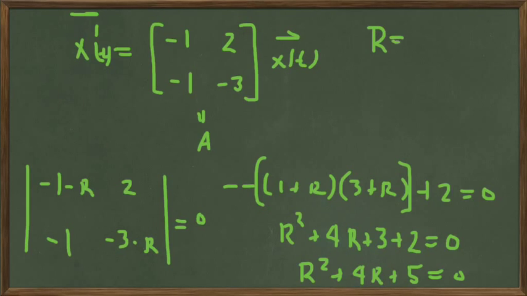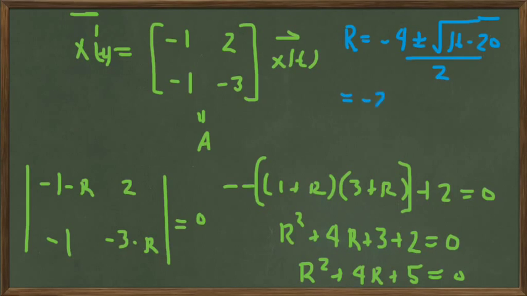That quadratic equation has solutions negative 4 plus or minus the square root of b squared minus 4ac, which is 16 minus 20, over 2.